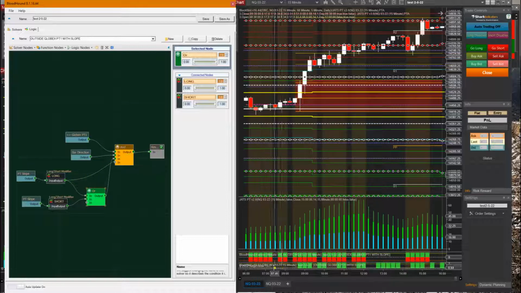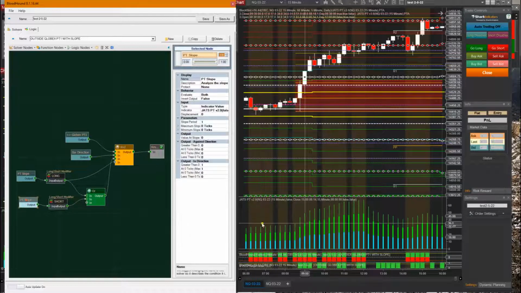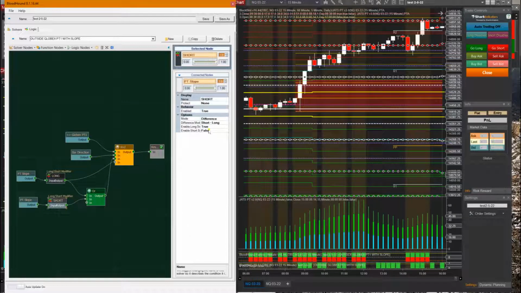So you can see down here at the bottom, there are no short signals above the PT1, so it's directional and requires slope. The long signals, so you can elect to go short on long signals.